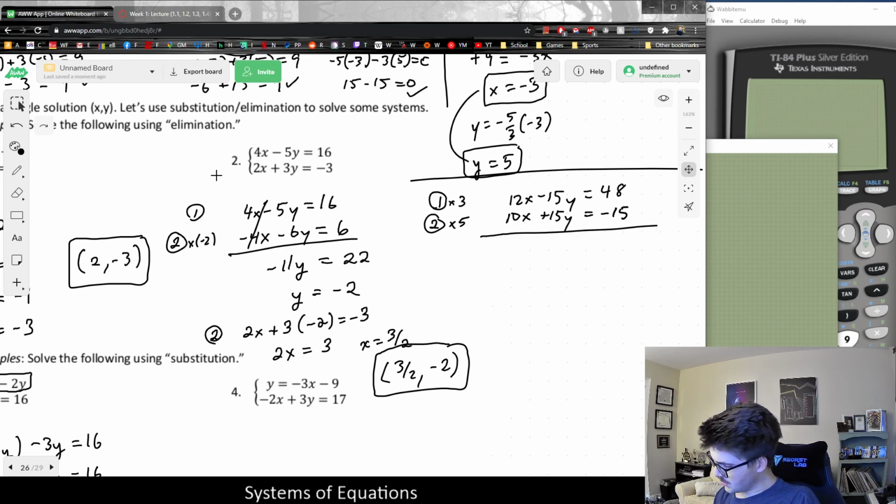So 12x plus 10x is 22x. Minus 15y plus 15y eliminates. And then 48 minus 15 is going to be 33. Then dividing through by 22, 33 over 22 will reduce by a factor of 11, and that would leave me with 3 halves.